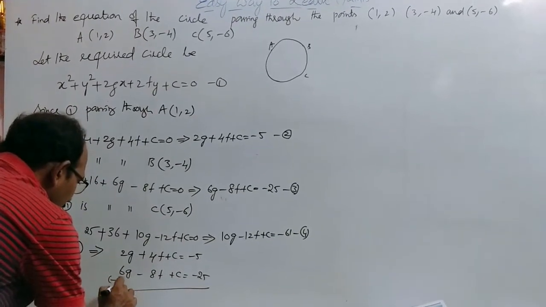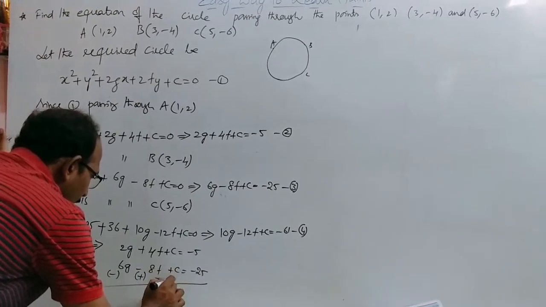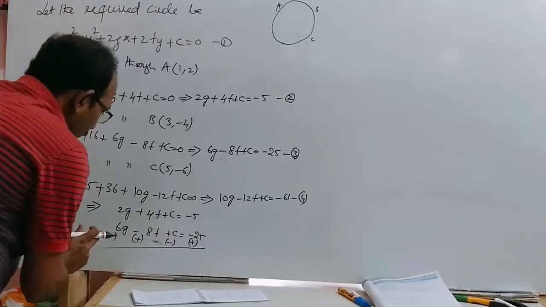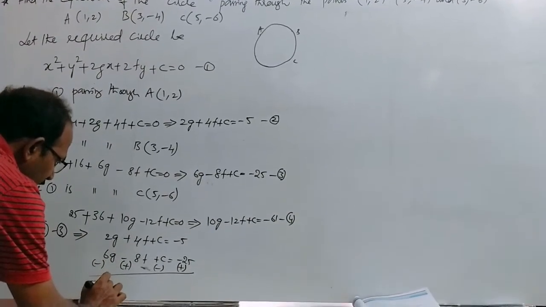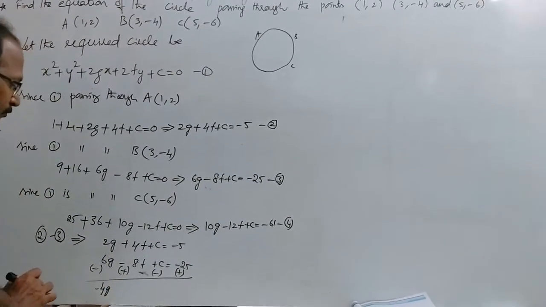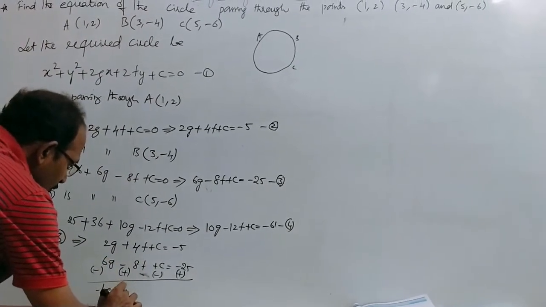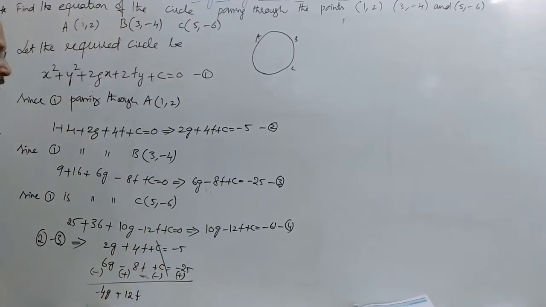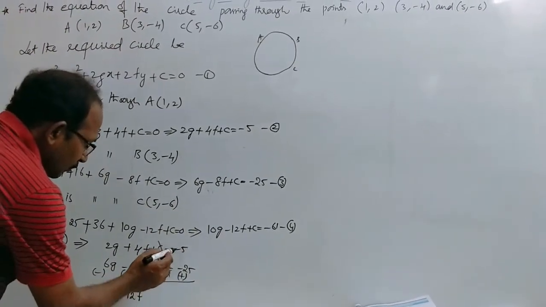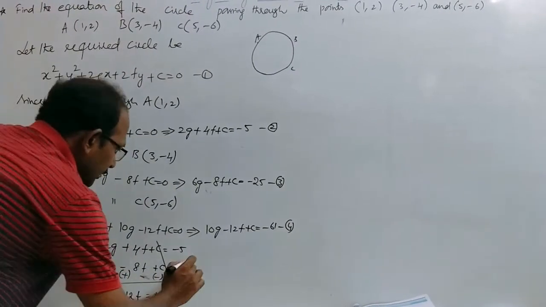Subtraction: minus 6g plus 2g is minus 4g, plus 8 plus 4 is 12f, c minus c cancelled, and plus 25 minus 5 is equal to plus 20.